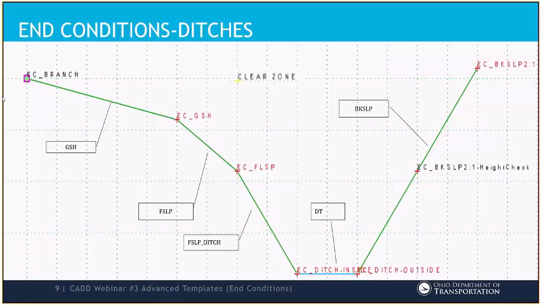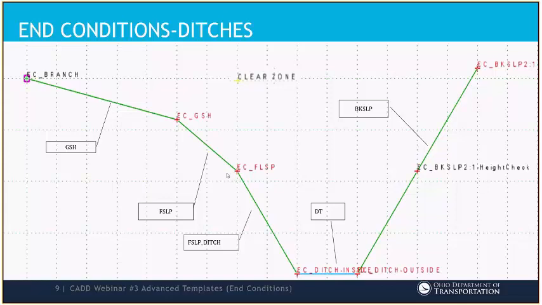So when you have a ditch situation, we've always had this grade shoulder piece and a grade shoulder component, and then there's a force slope component and a force slope point, and then there's a ditch component. In some situations, how far out this force slope point goes is based off of the clear zone.